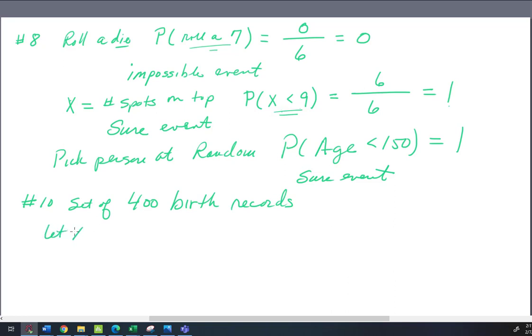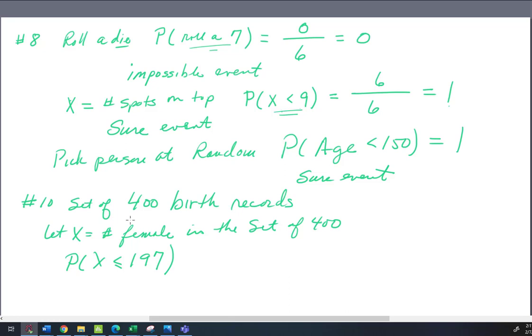let's let X equal the number of females in the set of 400. And then I'm going to ask you, what's the probability that X is less than or equal to 197?